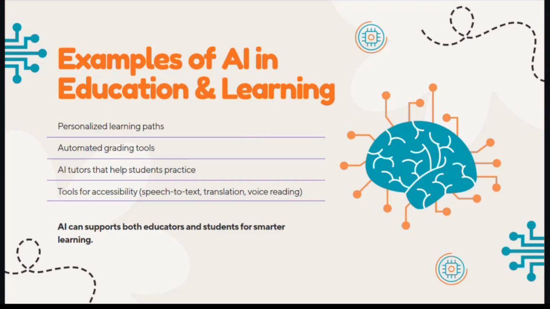This is just a brief example of how it's used in education and learning, because we are in education and learning. Lots of platforms will work out personalized learning paths using AI and algorithms, and automated grading tools. A lot of schools are already using that. It doesn't always work very well. Often the AI grades it, but teachers need to double check this, so humans are still very much needed to babysit AI.